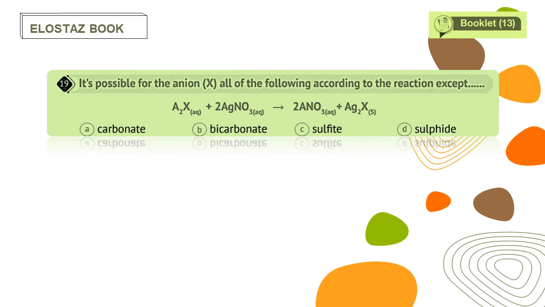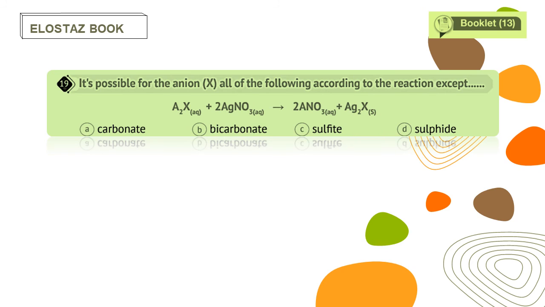Question 19 says it's possible for a salt A2X in the following reaction, according to the reaction, except we have a reaction that all of the following can dissolve.